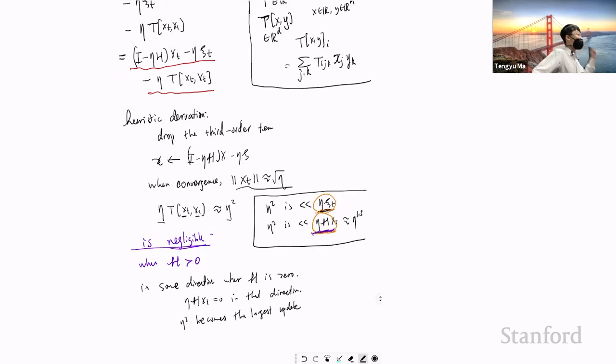Eta cosθ is always the largest if you really look at the absolute value, right? Eta cosθ is on the order of just eta. It's always the largest, but I'm trying to argue that comparing with eta cosθ is a little bit misleading, in the sense that eta cosθ is doing random stuff, right? In one step it goes in the positive direction, the other step it goes in the negative direction.